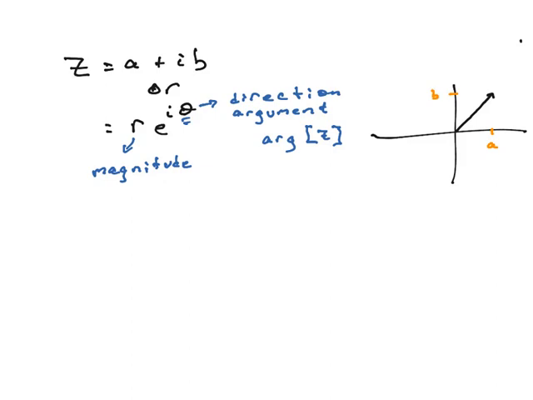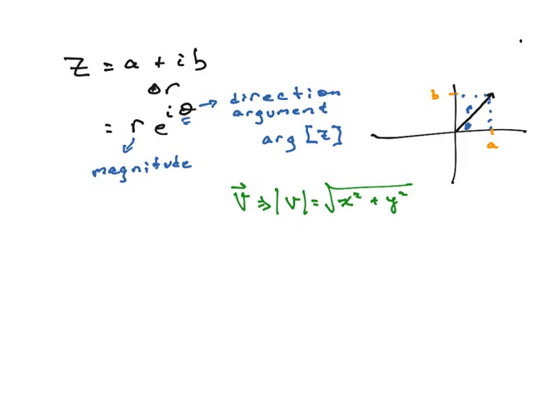Well, my question to you is, if what I want is the magnitude r and the direction theta, how did we get it with normal vectors? Well, if you remember, for normal vectors, we saw vector v has a magnitude which is the square root of the x component of v squared plus the y component of v squared.